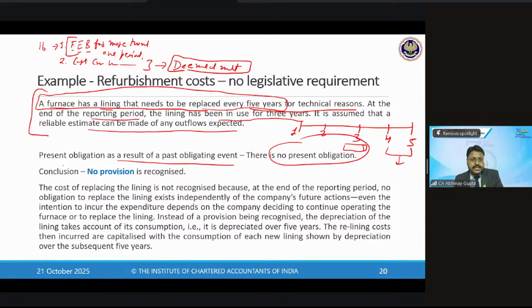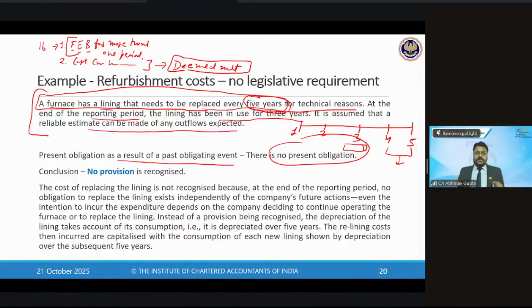Now, what does this line say? A furnace has a lining that needs to be replaced every 5 years. As soon as we read that the useful life of this lining is 5 years, it means the future economic benefits of this lining within the overall plant and machinery, which is the furnace, are expected to arise to the entity over a period of 5 years.